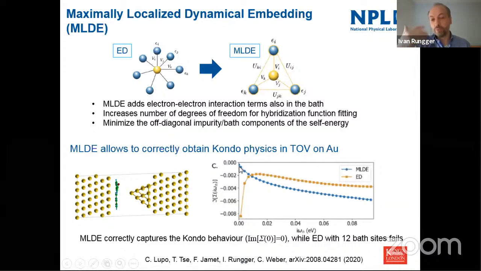We did some more analysis in this paper for people that are interested. Basically, it shows that MLD is a very nice tool to capture Kondo physics with a discretized bath, which is ideal for a quantum computer. So clearly, this is the way that we think we will go in this area.